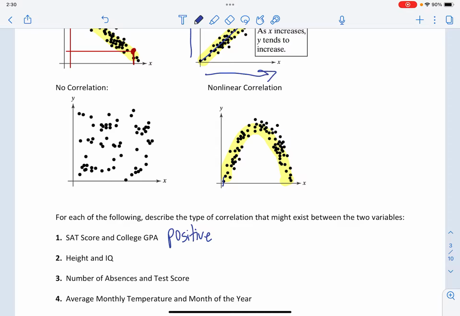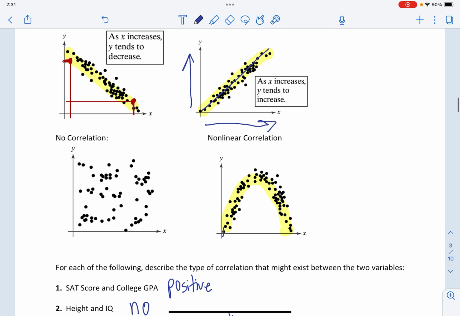Height and IQ, we wouldn't expect anything, right? We wouldn't expect height to determine a person's intelligence quotient. So that's no correlation. Absences versus test score, there's a good example of negative correlation, because as absences rise, test scores tend to go down, right?